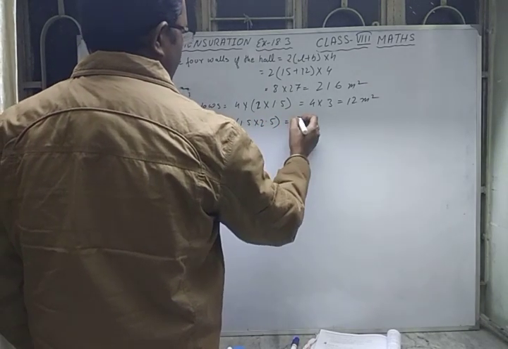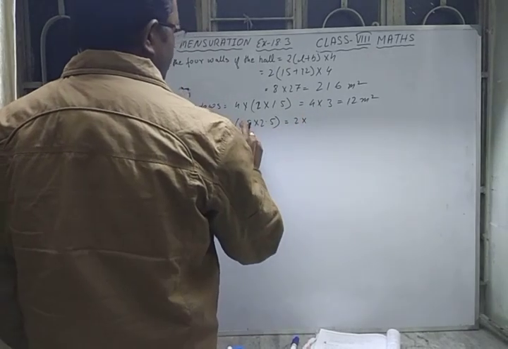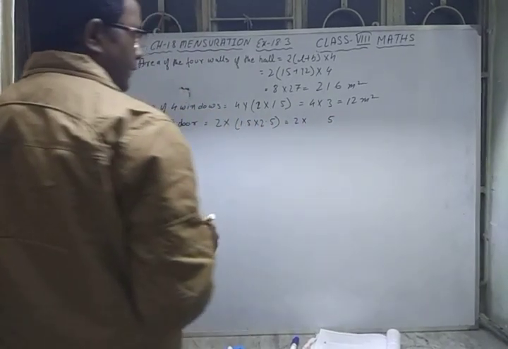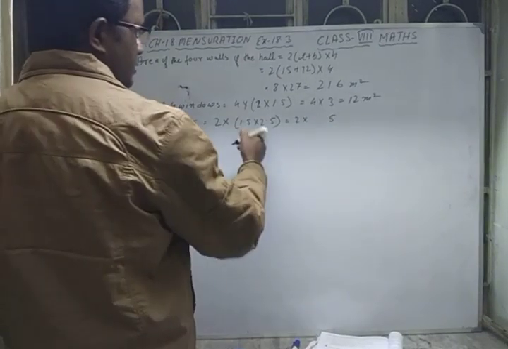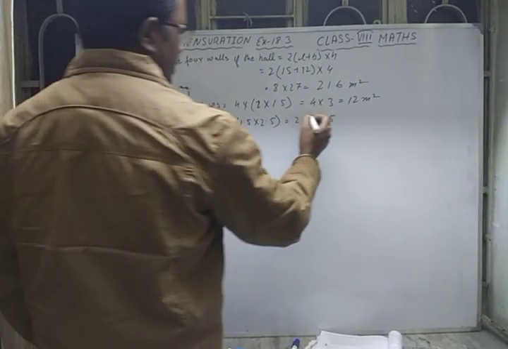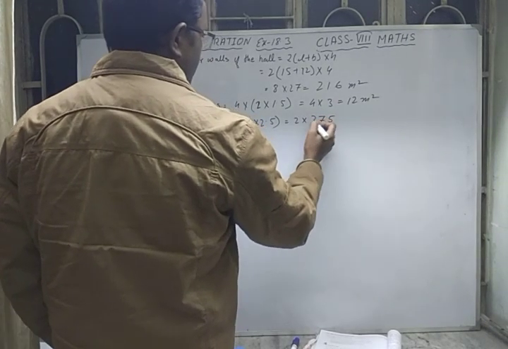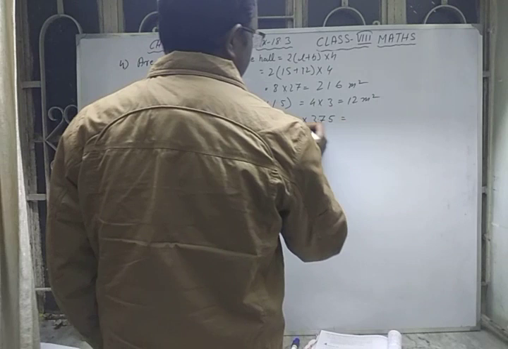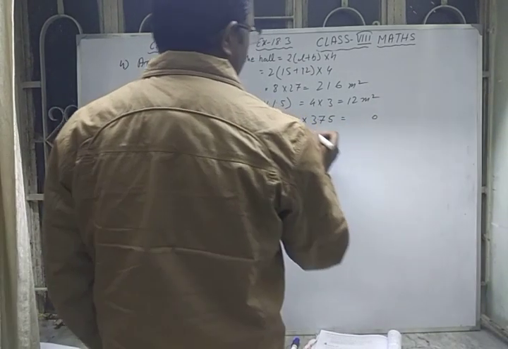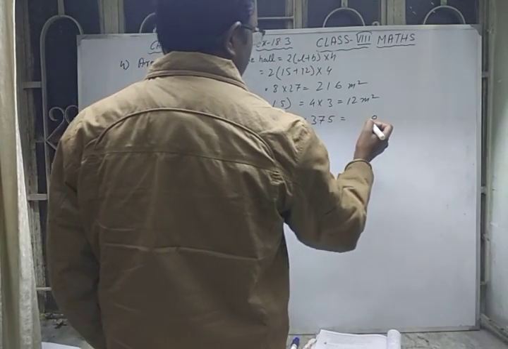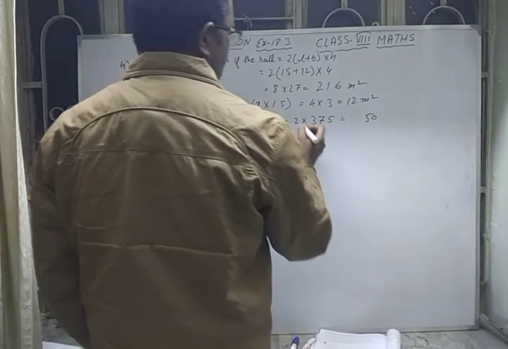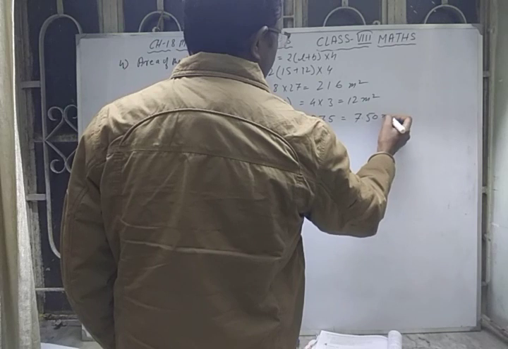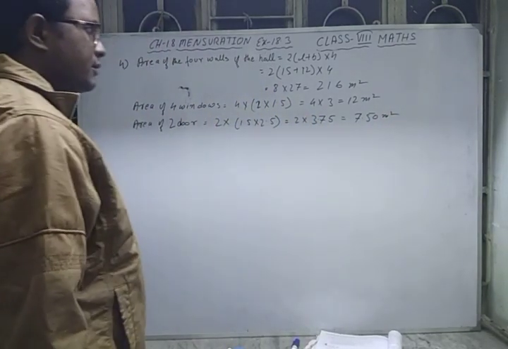When you multiply 15 into 25, 5 5s are 25, carry over 2, 5 1s are 5 and 2 is 7. 2 into 15 is 30, and 7 is 37. So you have to keep the decimal with 2 places, 3.75. Now you multiply it by 2: 2 5s are 10, 0, carry over 1, 2 7s are 14 plus 1 is 15, carry over 1, 2 3s are 6 plus 1 is 7, so 7.5 meter square.